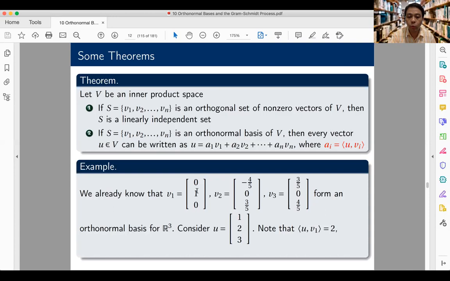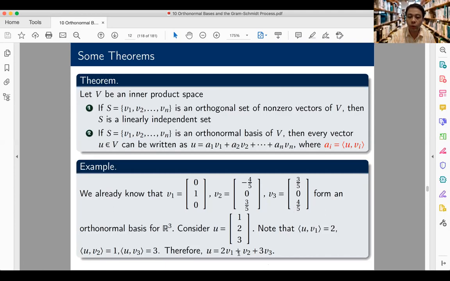2 times 1 is 2. 3 times 0 is 0. So you just get 2. What is the inner product of U with V sub 2? It is equal to 1. And lastly, the inner product of U with V sub 3 is equal to 3. And these are the coefficients of the vectors when you express U as a linear combination of them.